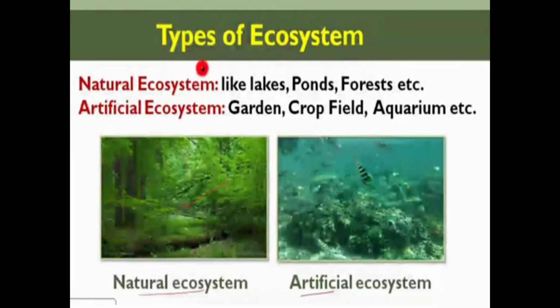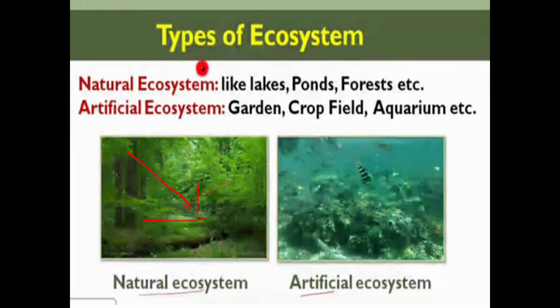Now, types of ecosystem. There are two types of ecosystem: natural and artificial. Natural ecosystem is which we get from the nature by default. Natural ecosystems are lakes, ponds, forests, etc. As we can see here in the figure, the example of forest is given as a natural ecosystem.